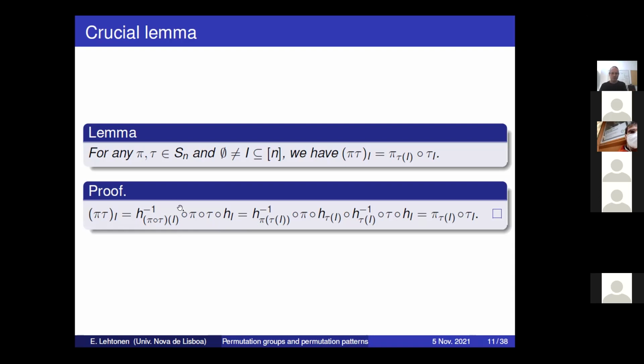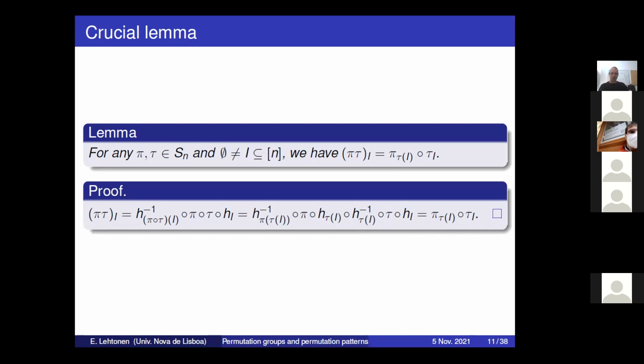But now we do the trick. We just introduce the identity permutation somewhere in this composite of permutations. Let's plug it here in the middle. And of course, we write the identity permutation as the composition of some permutation and its inverse. And in this way, we can write this as the composite of the pattern tau_I and the pattern pi of tau of I. Well, that was the simple proof.